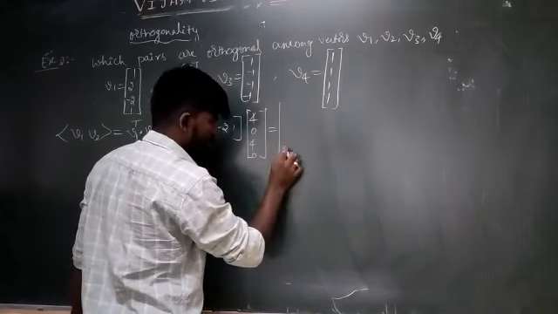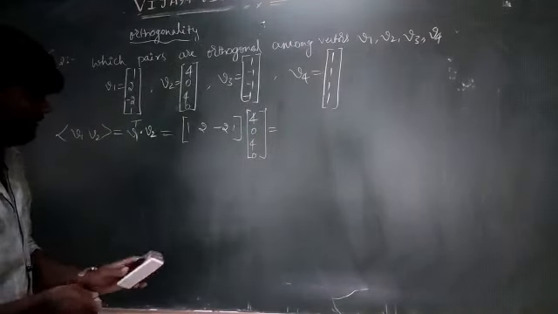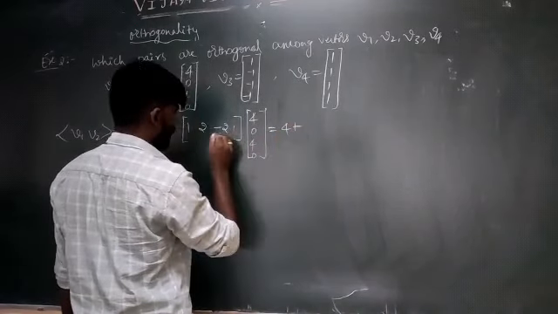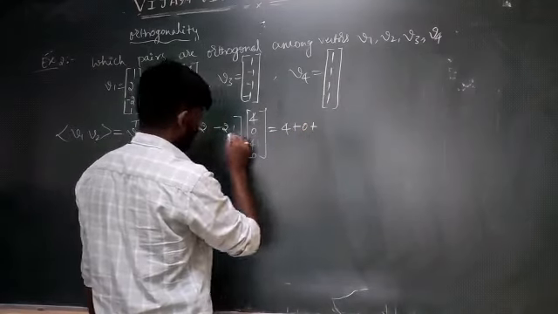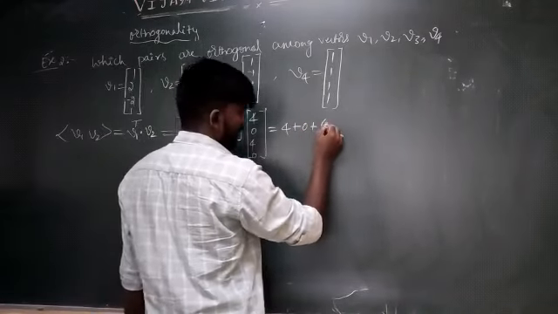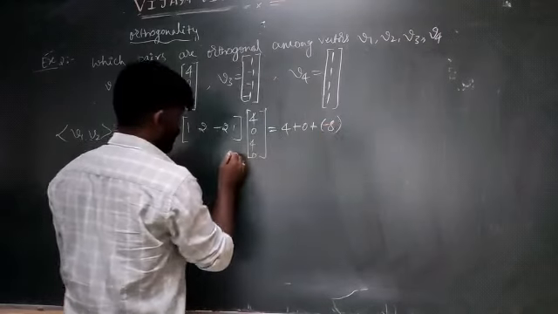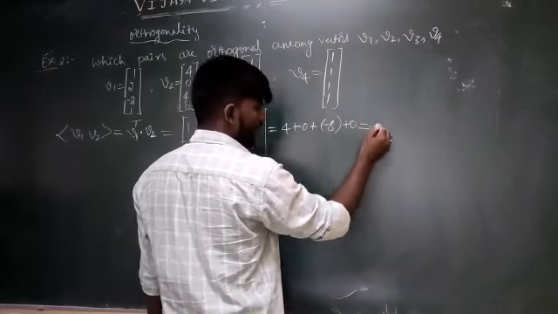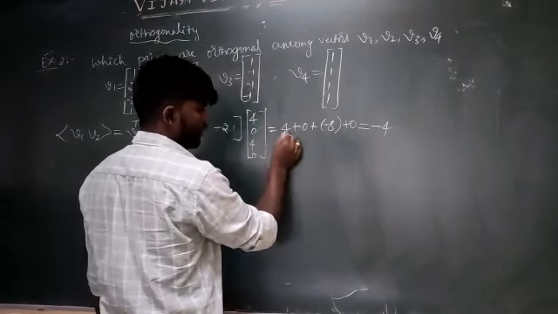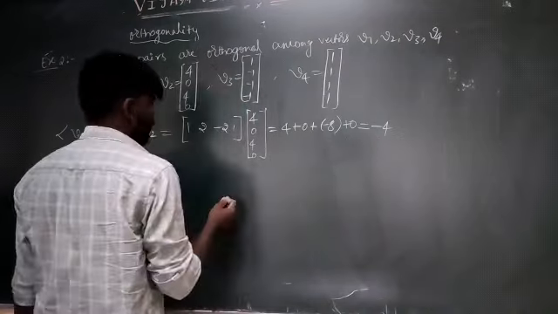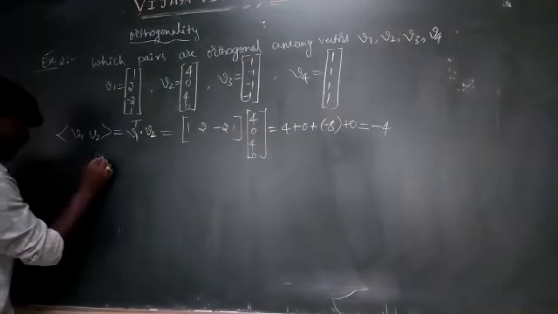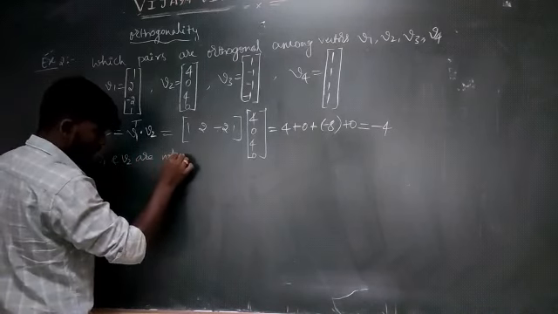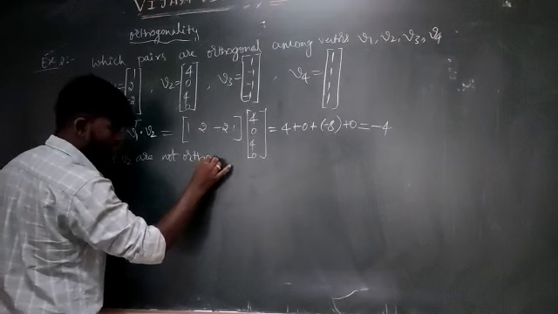If we multiply these two vectors, we get 1 into 4 is 4, plus 2 into 0 is 0, plus -2 into 4 is -8, and 1 into 0 is 0. So 4 minus 8 gives -4. Therefore v1 and v2 are not orthogonal vectors.